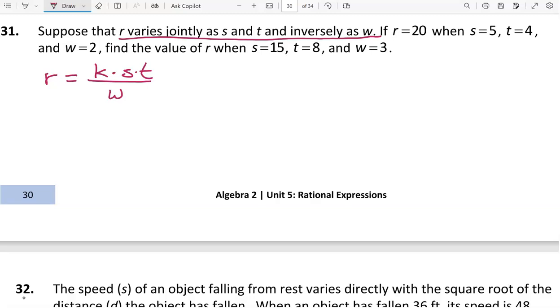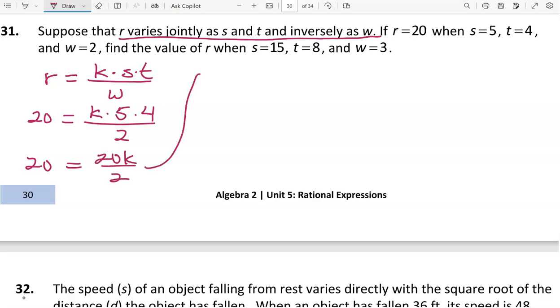We're given information about values of the variables that go together, so r is equal to 20 whenever s is 5 and t is 4 and w is 2. So 20 is equal to 20k divided by 2, or 20 is equal to 10 times k, so k must be 2. That's our variation constant. So the equation of variation is r is equal to 2 times s times t divided by w.